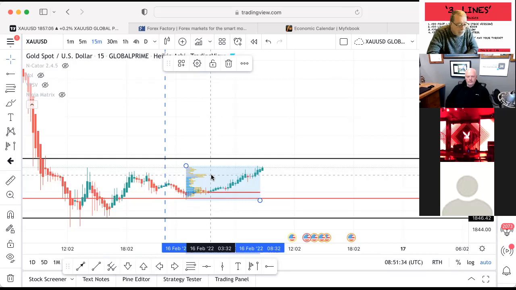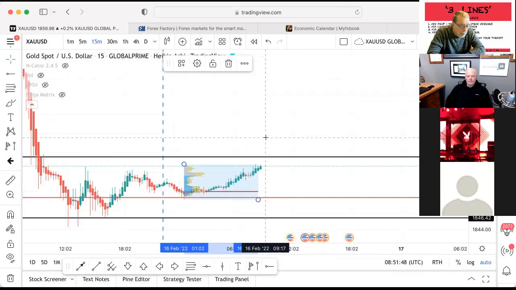So there's another two significant areas, all within this field of play that we're looking at. So I think for this morning anyway, we're going to be bouncing around in this field of play. What will happen once New York opens at 1:30 is anybody's guess.